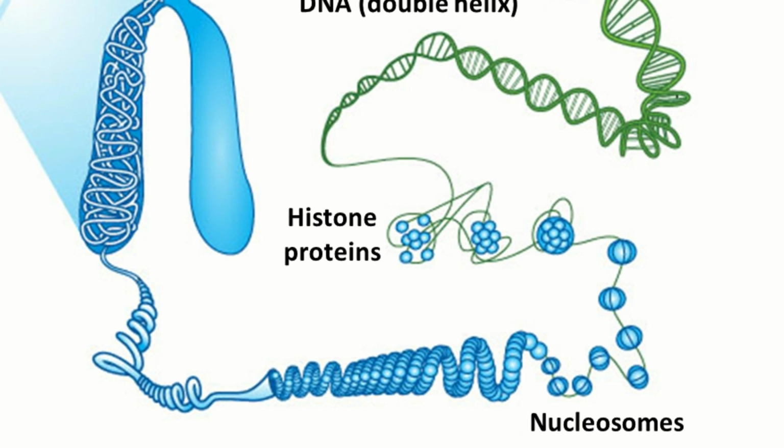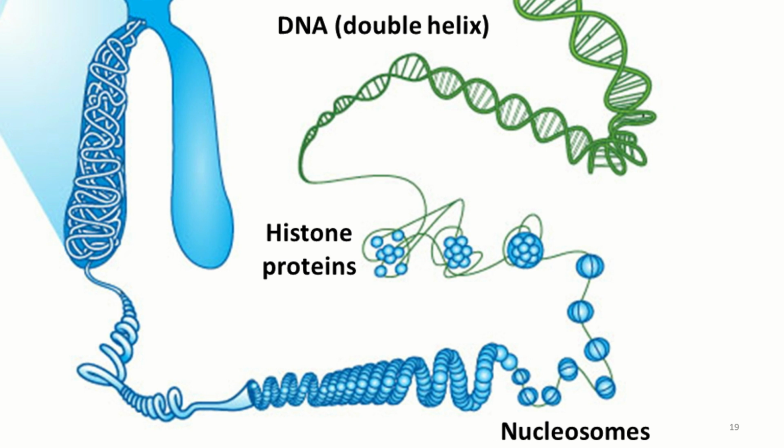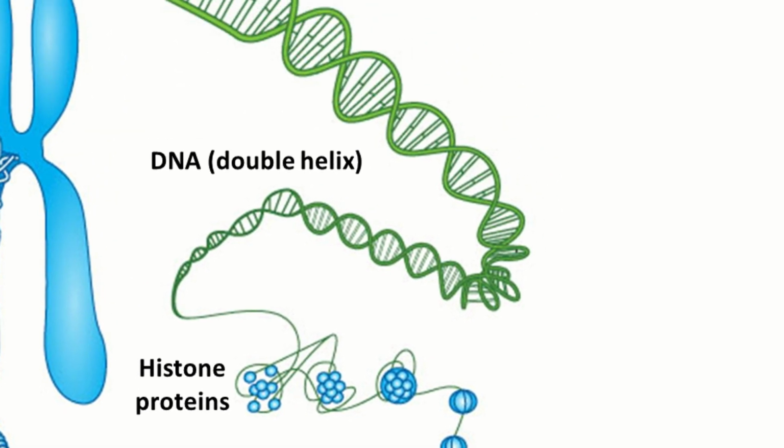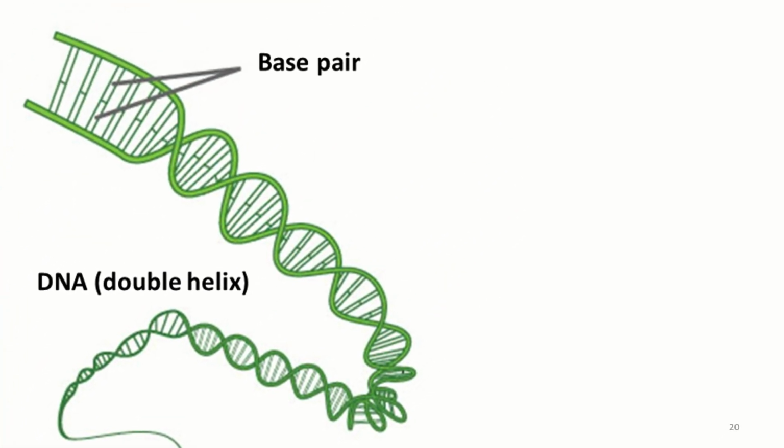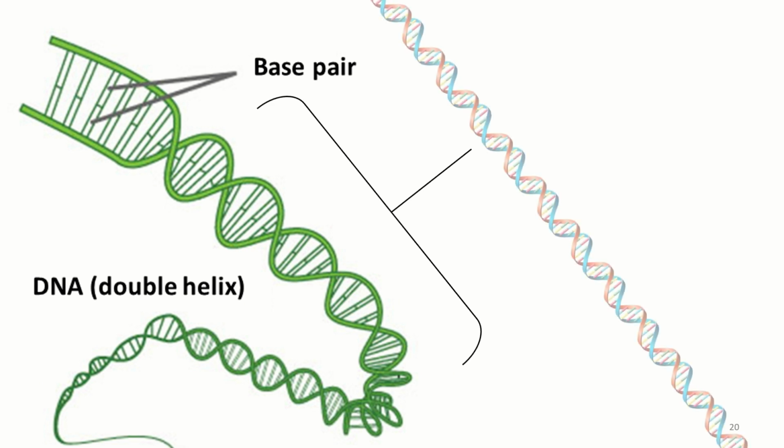Zooming to the next level, we can find the DNA strand. It is in double helix form. DNA, or deoxyribonucleic acid, is a long molecule that contains our unique genetic code.